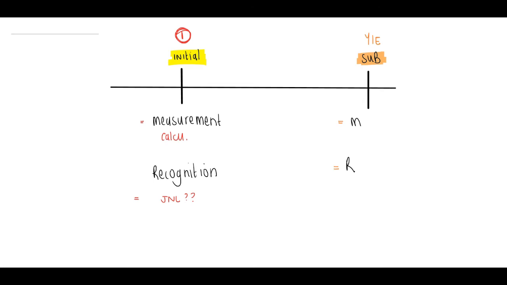Then, if a requirement indicates to you that you need to present, what does this mean? This is to present the line item in your profit and loss and OCI, or in your statement of financial position, or your statement of changes in equity.